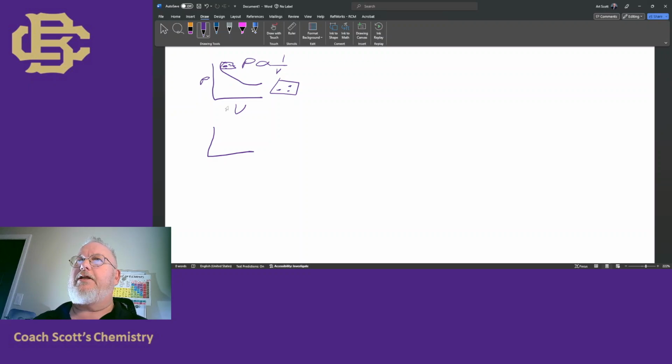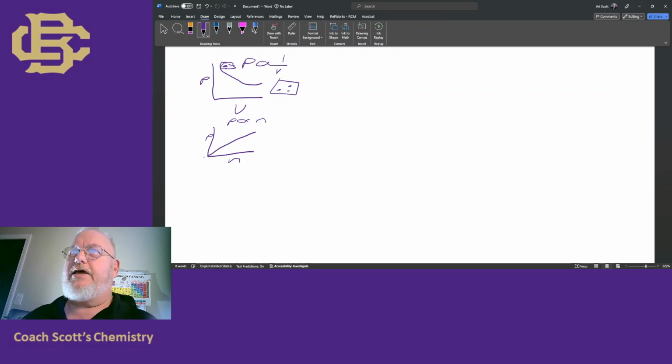Now we looked at another couple of them, and these all pretty much have the same graph. It's going to be a straight line bisecting the origin, and any line like that, we say it is directly proportional. We can say that about pressure and the amount of gas. I'm going to use N for the amount of gas.